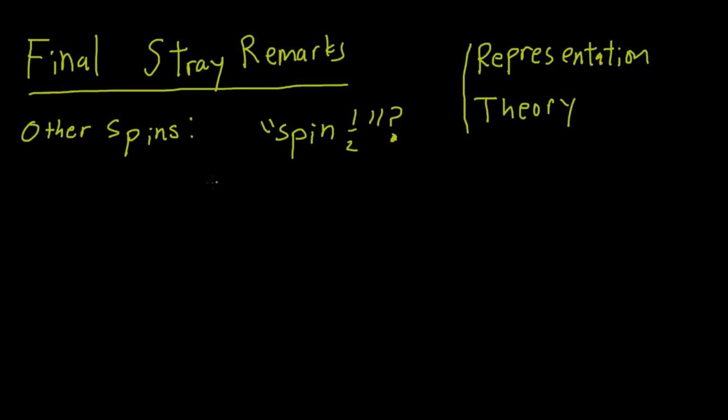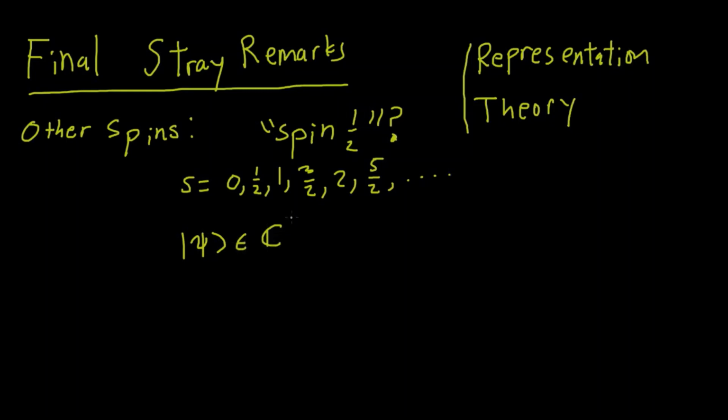But the spins that a particle could have are 0, 1/2, 1, 3/2, 2, 5/2, and so on and on. And the main thing to say about it is that our spin states psi were elements of C2, right?